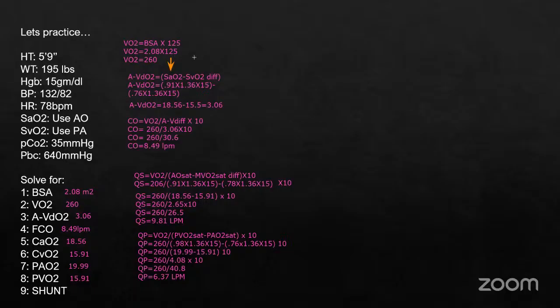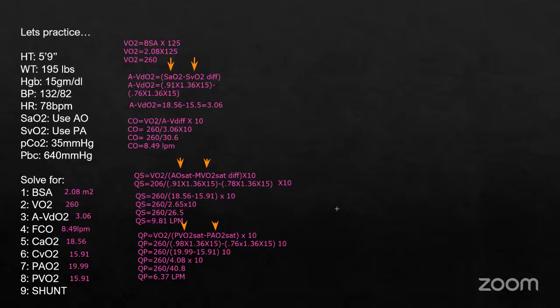AO and PA, right? So here, what do I use? AO and the RA. And here? Pulmonary vein and PA.